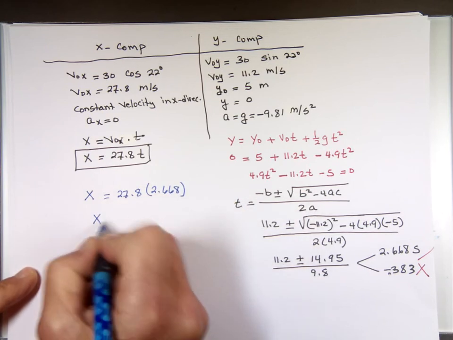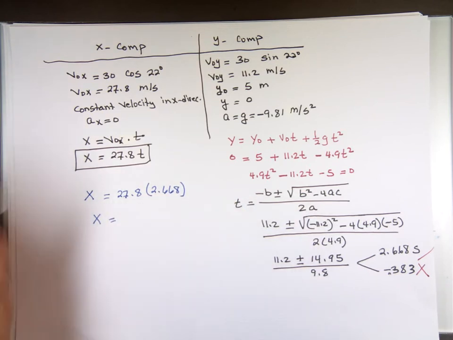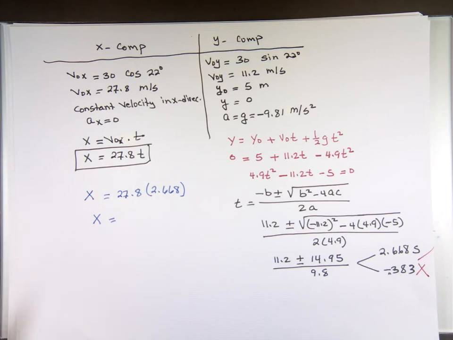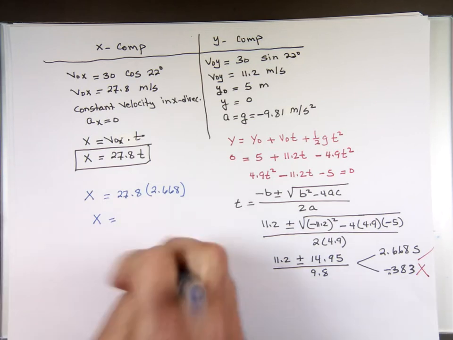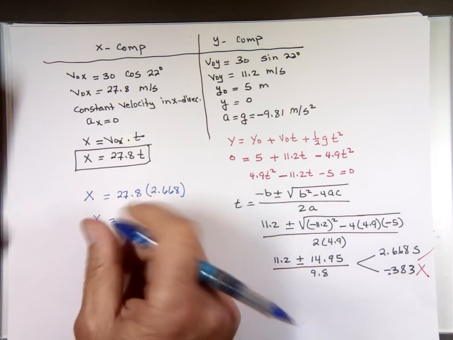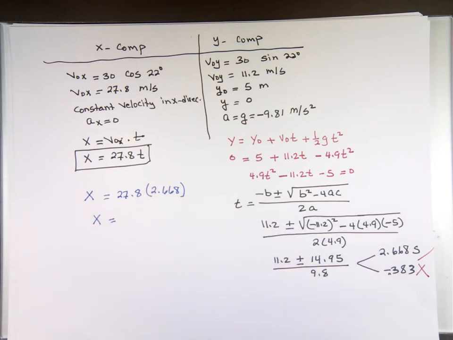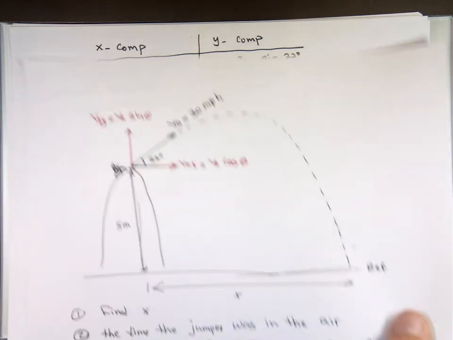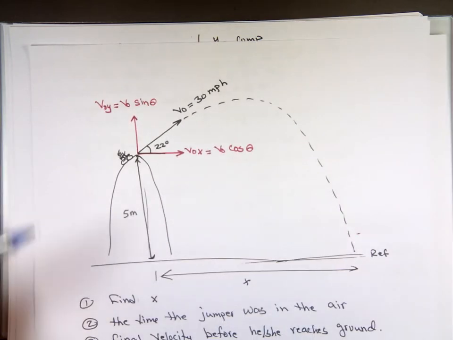So that person's going to land really far away. Oh, you know what I forgot to do? Shoot. I forgot to change it from miles per hour to meters per second. So a quick fix: this is meters per second.